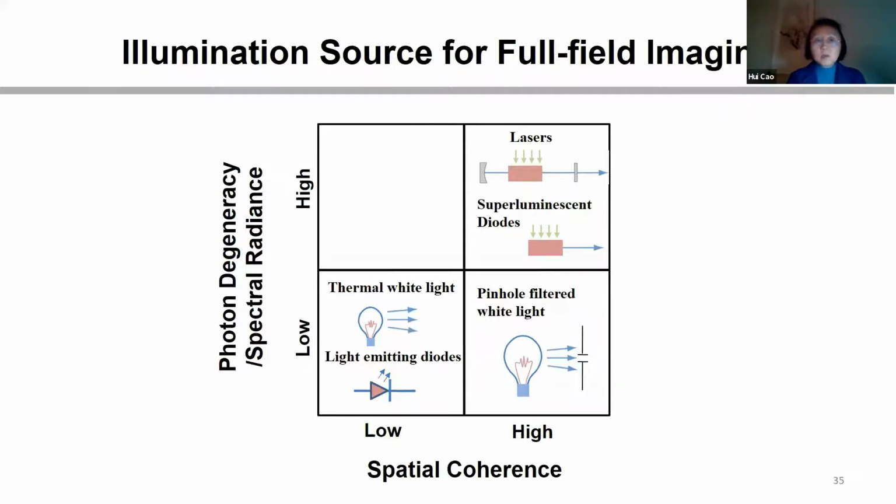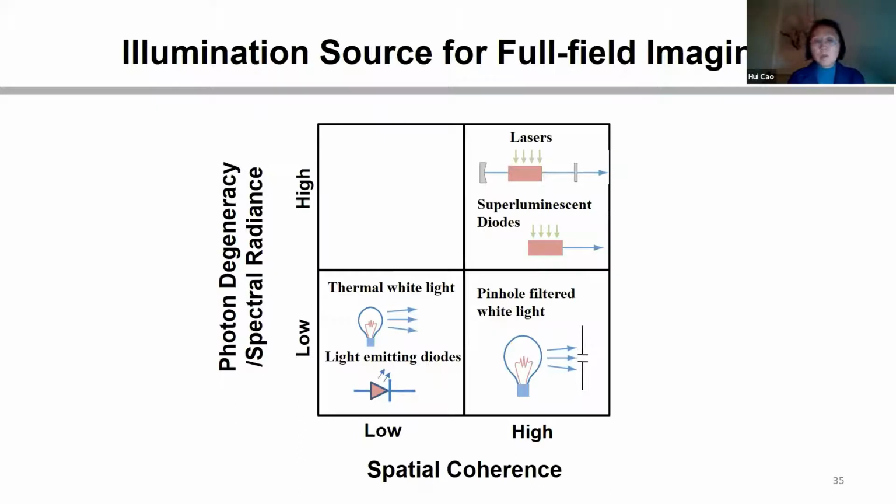If we consider all the illumination sources for full field imaging, what we usually care about is how bright it is. That's described by the photon degeneracy, or spectral radiance, and also the spatial coherence. That is the other parameter we care about.